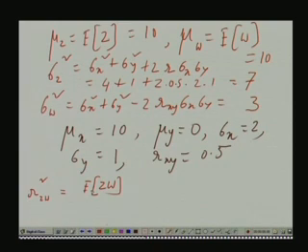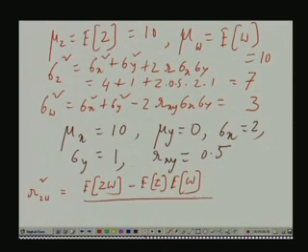Minus E z, that is mean of z, E of w, divided by sigma_z squared sigma_w squared. What is E z w? This you have to find out.